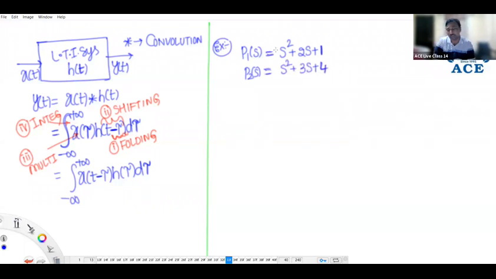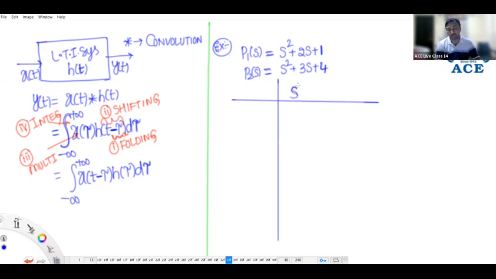Normally, how to get the product of these two, every one of you knows the technique. First, we multiply by s square and get some result. Next, multiply by 3s, shift the result right by 1 unit, like that. But let us get this product by following convolution steps.